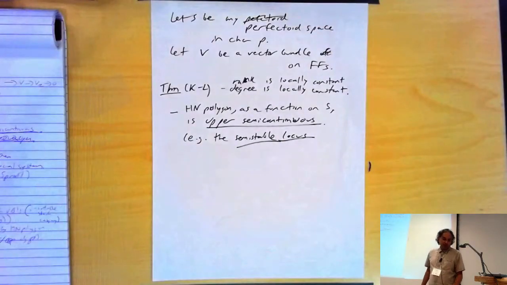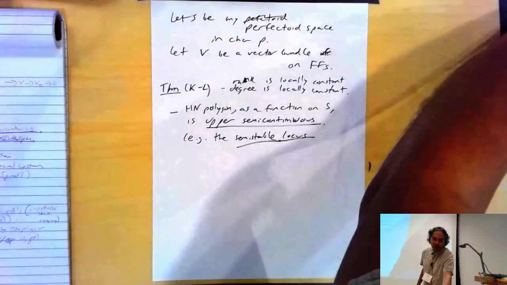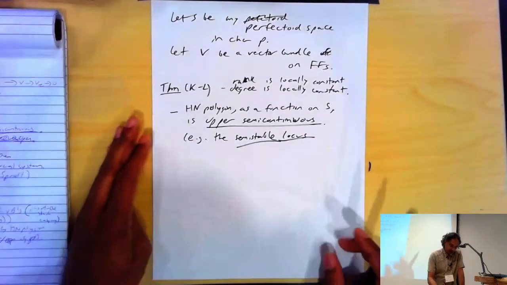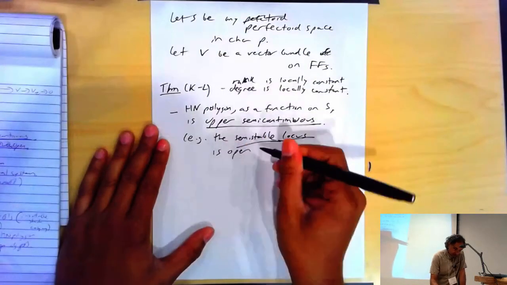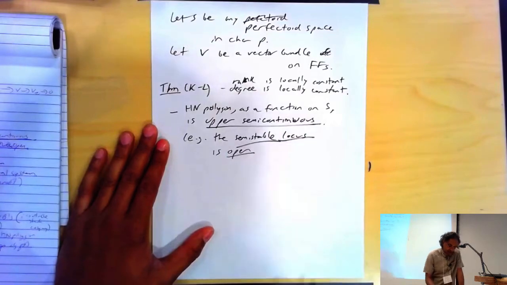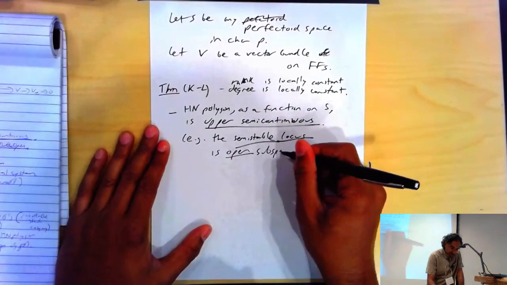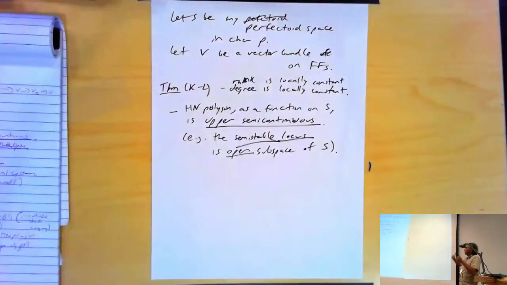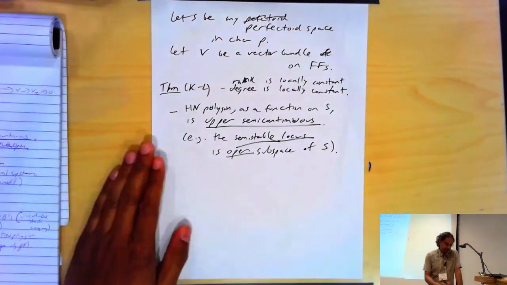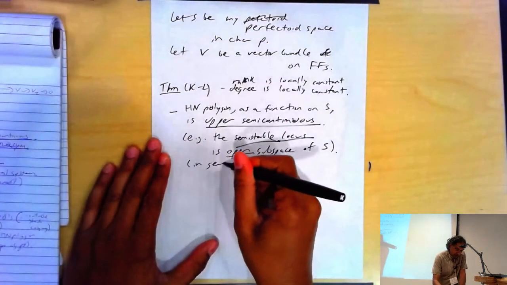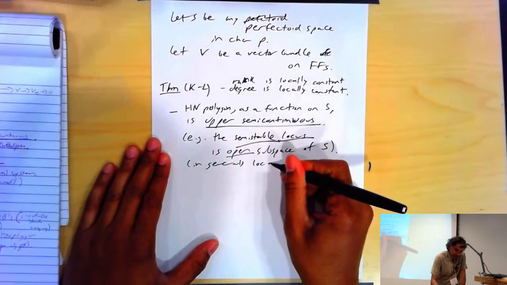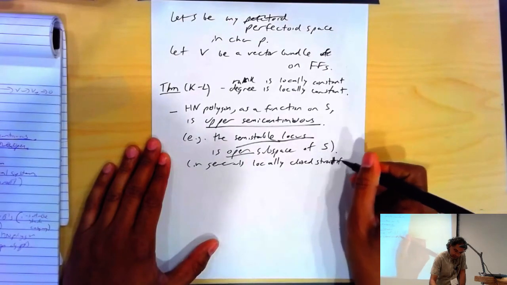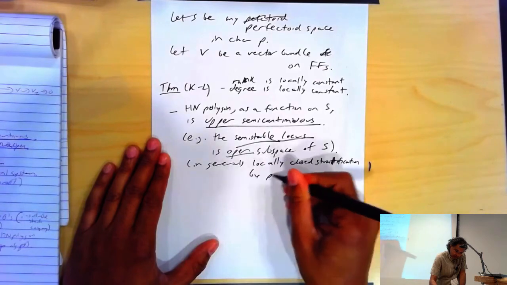So semi-stable is somehow the lowest possible position. So if I've gotten my up and down right, this should say that the semi-stable locus is actually an open subspace of S. I can break one way but not the other. And in general, I get a locally closed stratification by polygons.